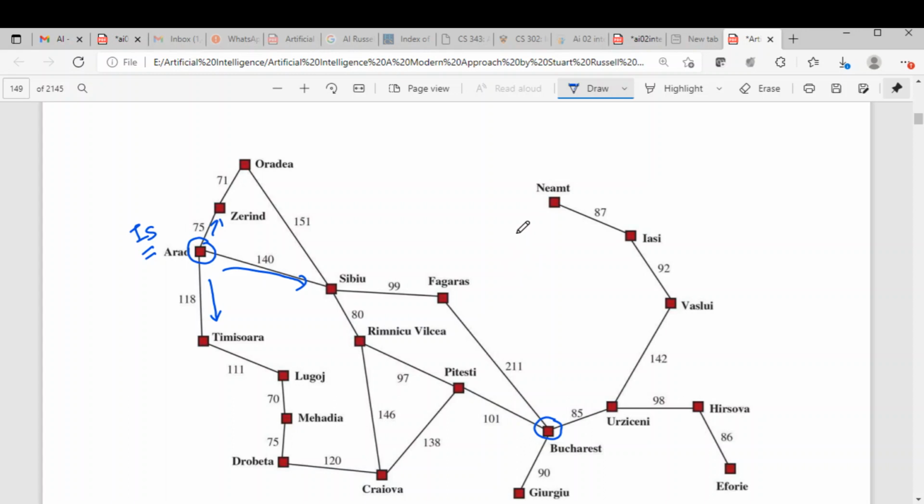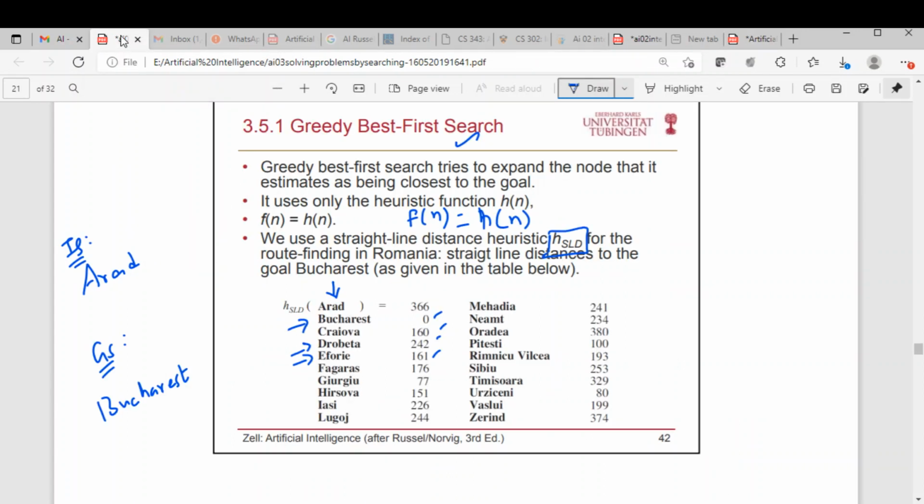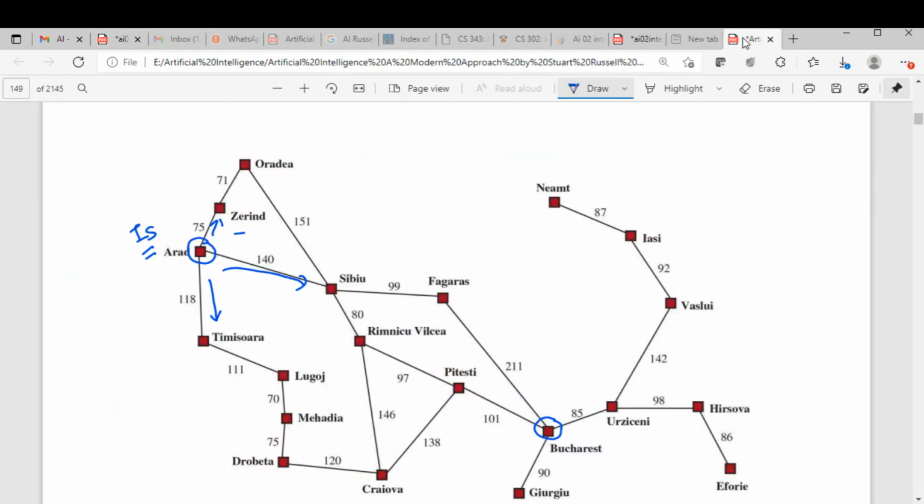So what are the possibilities we have? We have Zerind, Sibiu, and Timisoara. So what will the agent do? Now let us refer to this table, which is nothing but the straight line distance table, or heuristic table. We have three options: Zerind, Sibiu, and Timisoara.